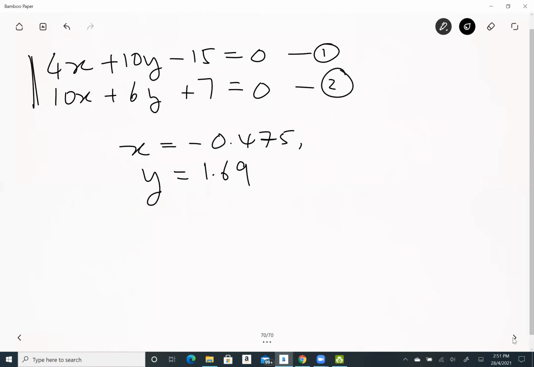Different, sir. What did you get? For x, it's 9.6.